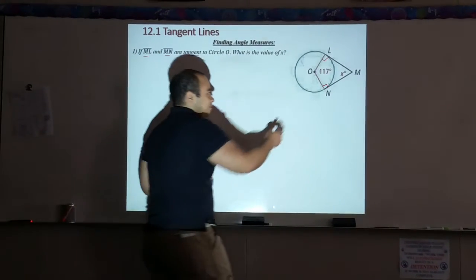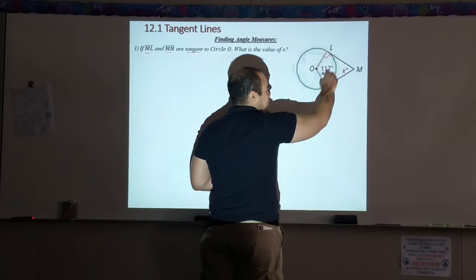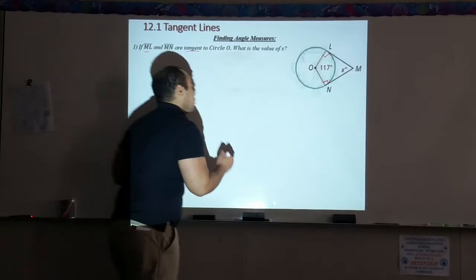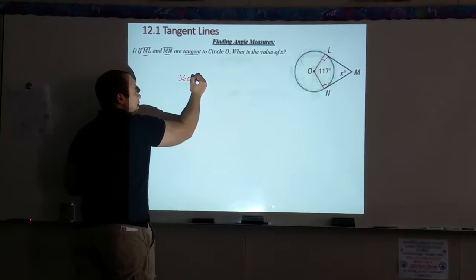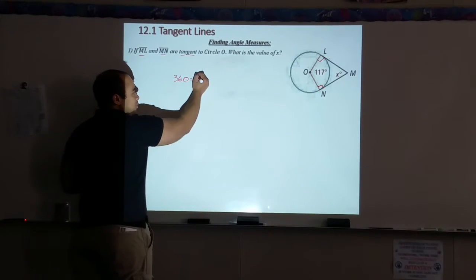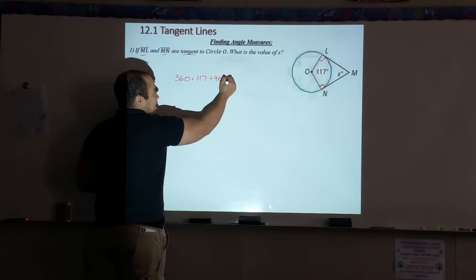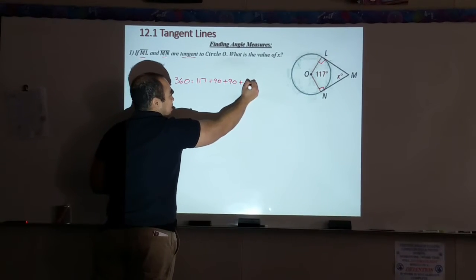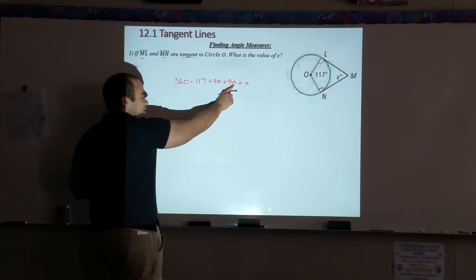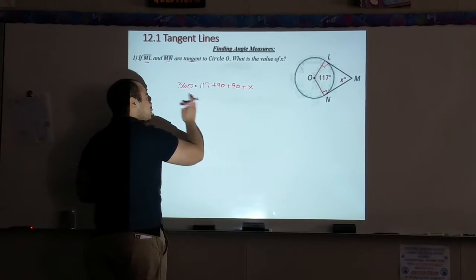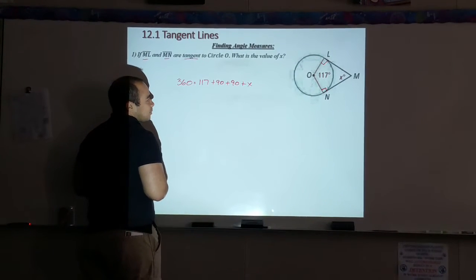Well, essentially what we have now is a quadrilateral. So in order to find x, all we need to do is take the sum of the angles of a quadrilateral, 360, and set it equal to the four angle measures we have, so 117 plus 90 plus 90 plus x. We're going to combine like terms and solve for x.